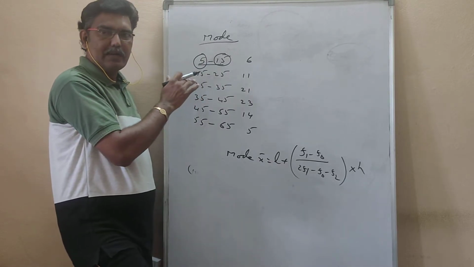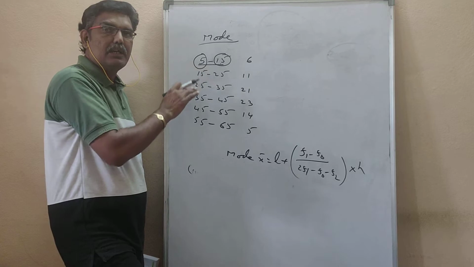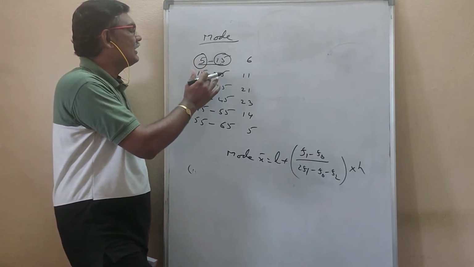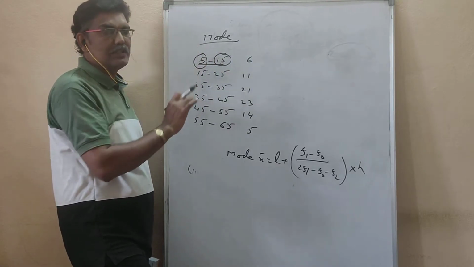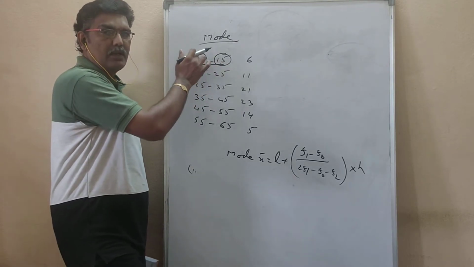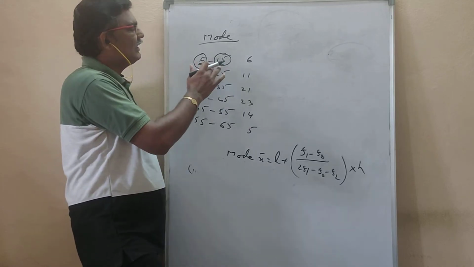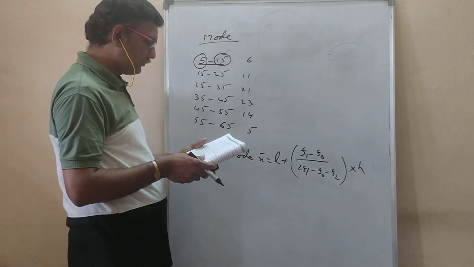Then they are called exclusive classes. In exclusive classes, limits and boundaries will be the same. For this class, lower limit is 5, lower boundary is also 5 only. For this class, upper limit is 15, upper boundary is also 15.